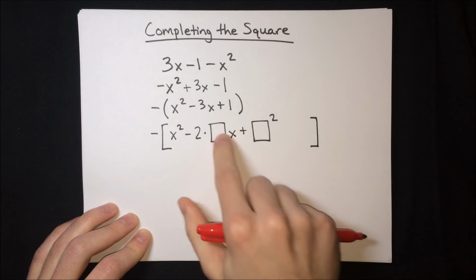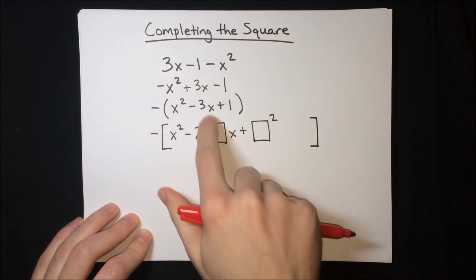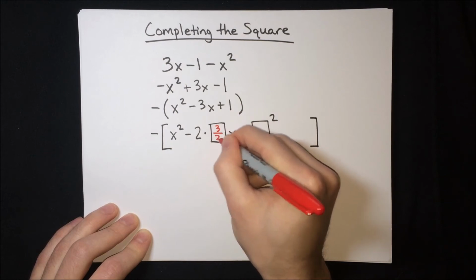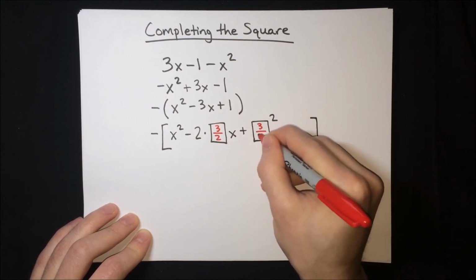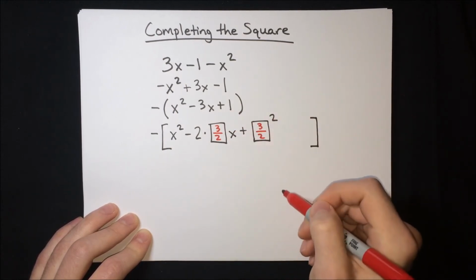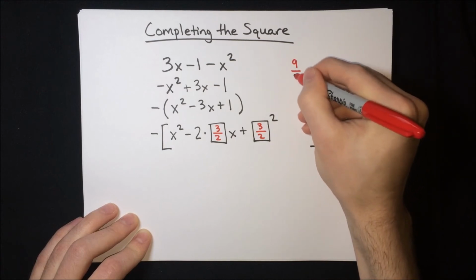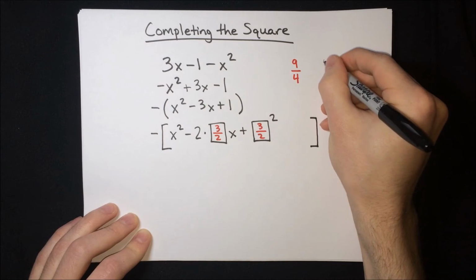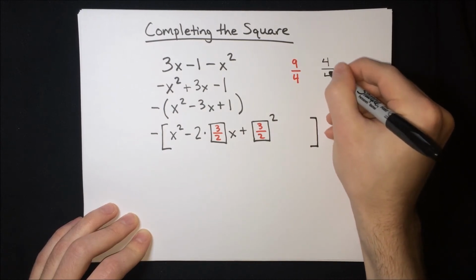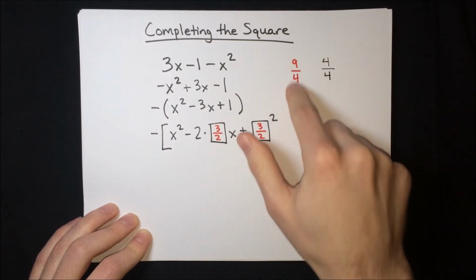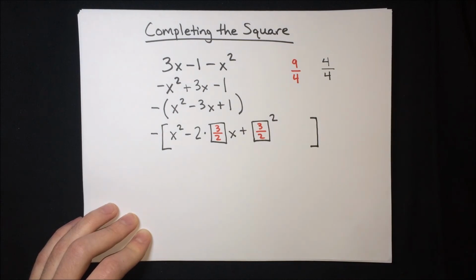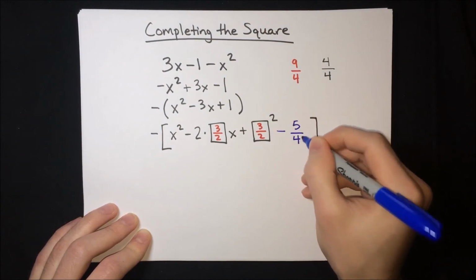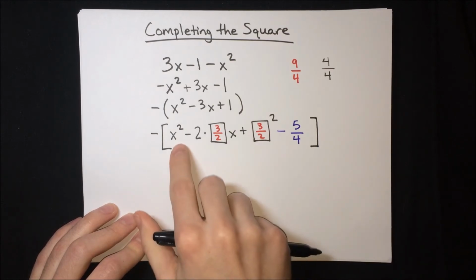So to figure out what we put in the boxes, well, we do 3 divided by 2. That's 3 over 2. We put that in the boxes. And then 3 over 2 squared, that's 9 over 4. And 1 is just 4 over 4. So to get from 9 over 4 to 4 over 4, we have to subtract 5 over 4 at the end. And now we can complete the square.